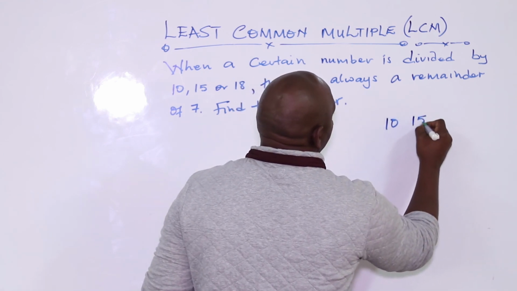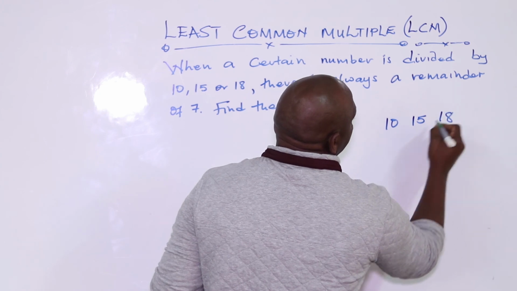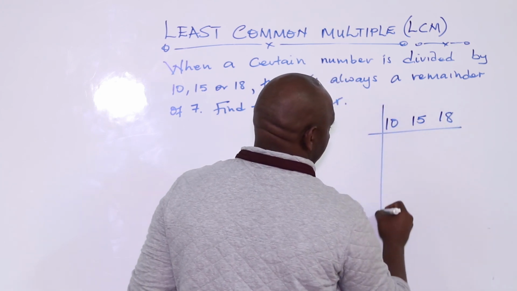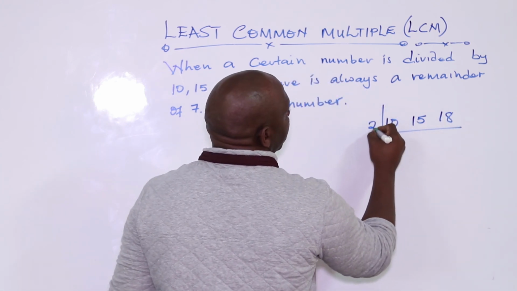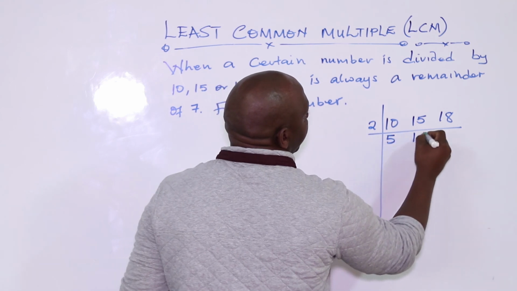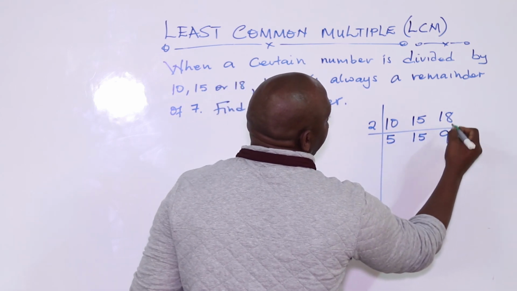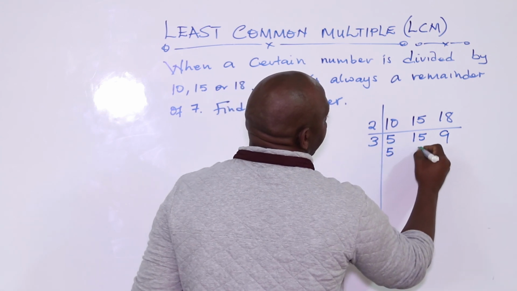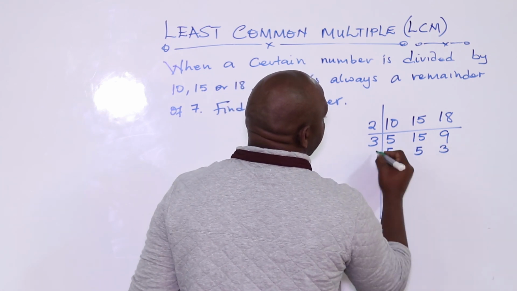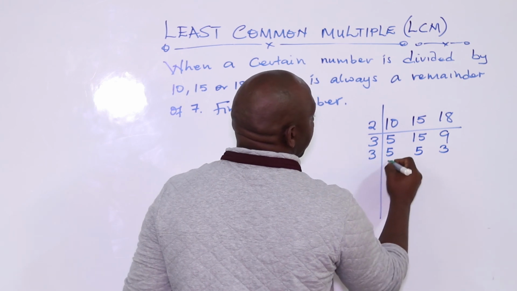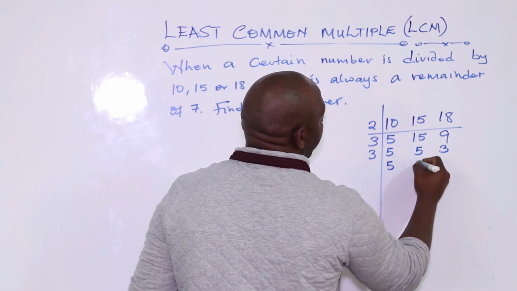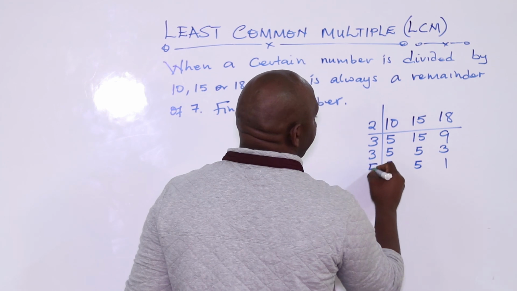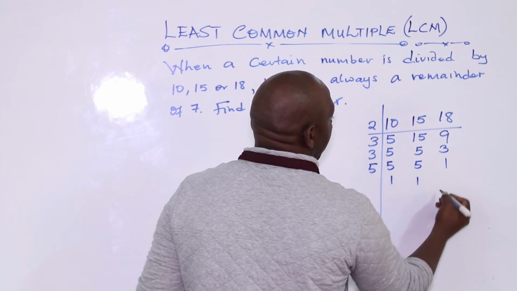You take 10, 15, and 18. You get the LCM: by 2, you get 5, 15, 9. By 3, you get 5, 5, 3. By 3 again, you get 5, 5, 1. By 5, you get 1, 1, 1.